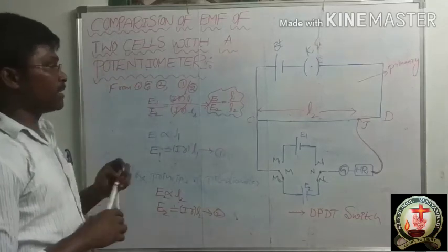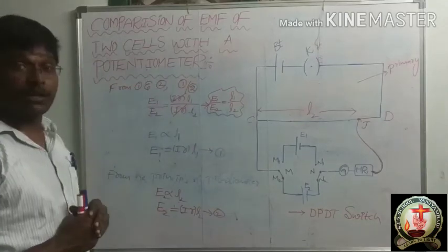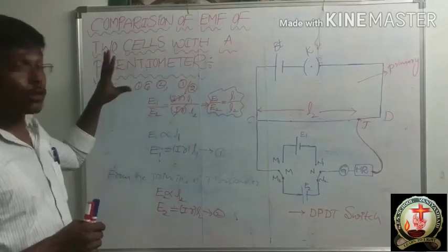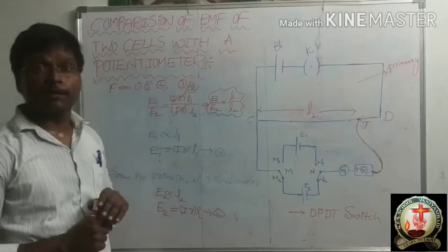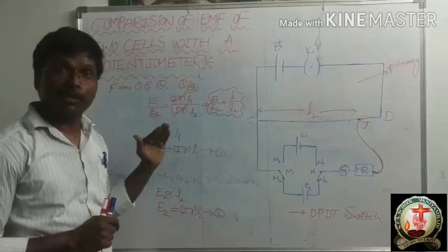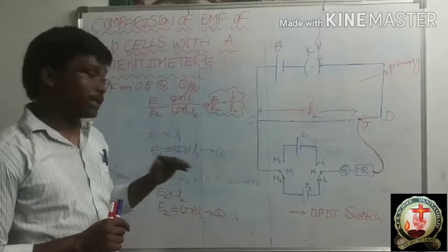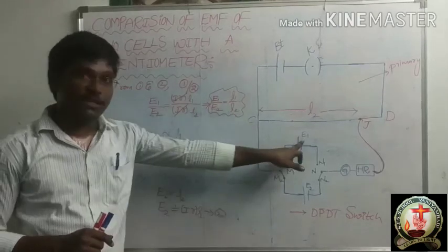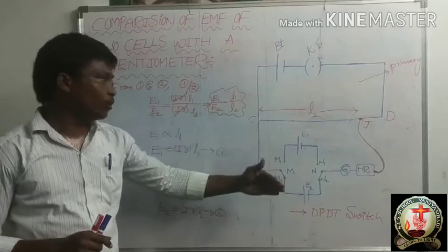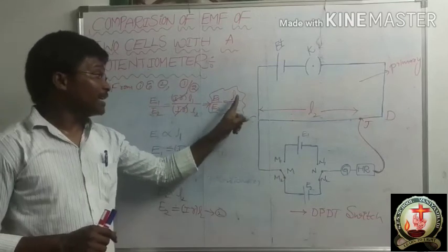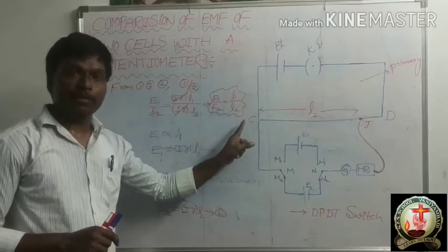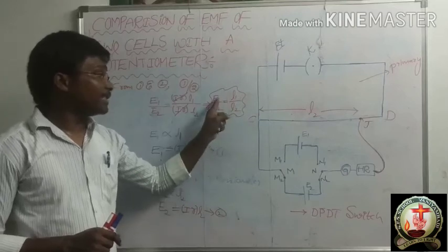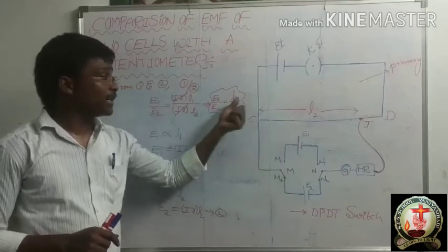This is the expression of the comparison of EMF of two cells. E1 by E2 means EMF of this cell by EMF of this cell is equal to L1 by L2, balancing length by balancing length. When E1 is connected with the secondary circuit, this is the balancing length.